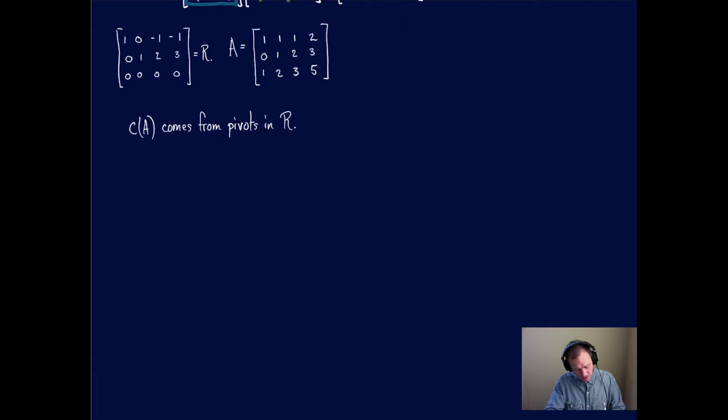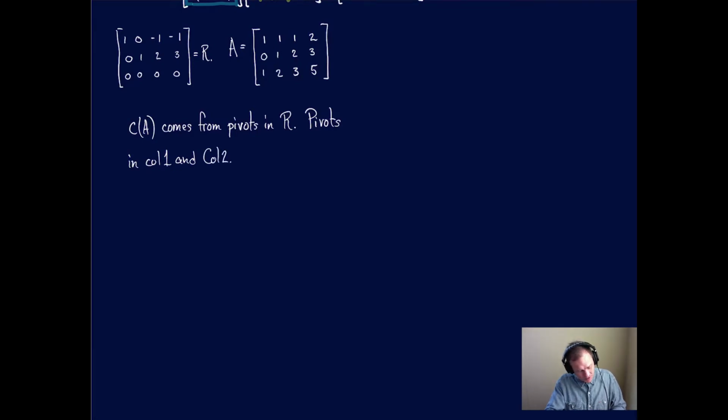And let's look at this. I have pivots in column 1 and column 2. I guess I should be consistent there, shouldn't I?